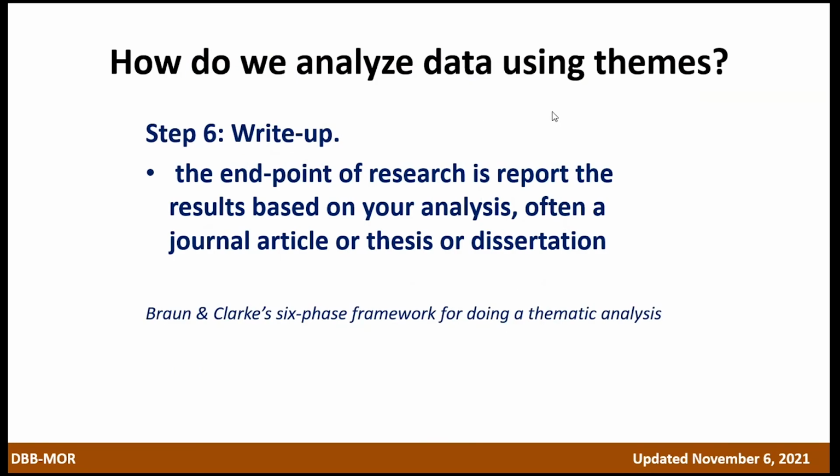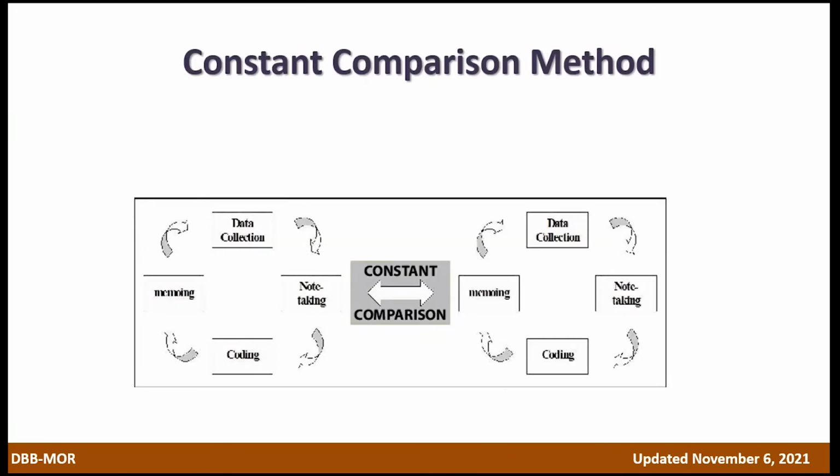And then after finalizing the themes and sub themes, you will now write, you will now explain the relationship and then look for possible literature that will support the themes and the sub themes, which is actually the result of your research, the end point of your qualitative research. You will now report based on your analysis. Okay, so that's thematic analysis.